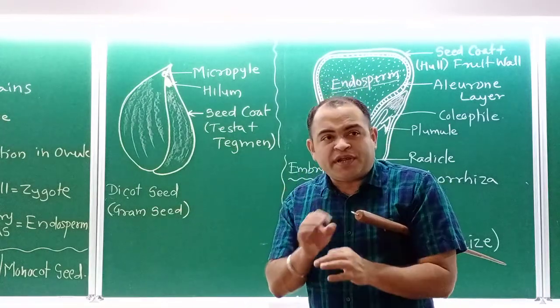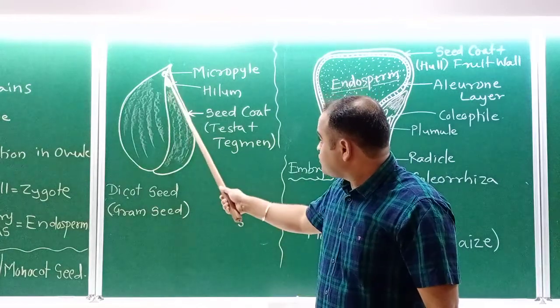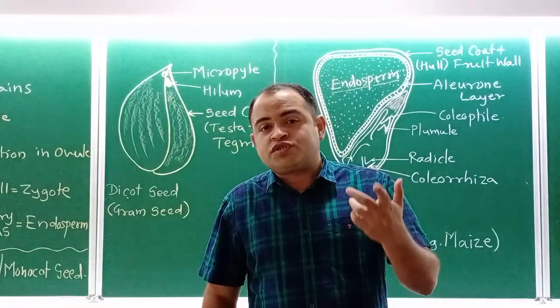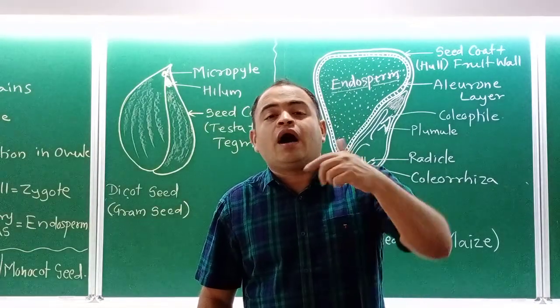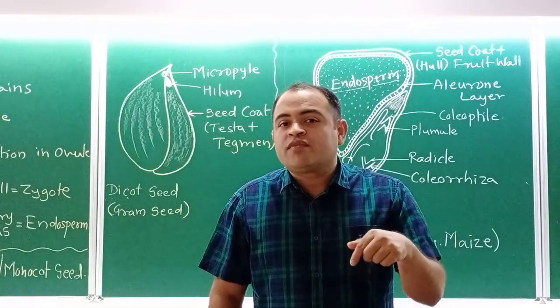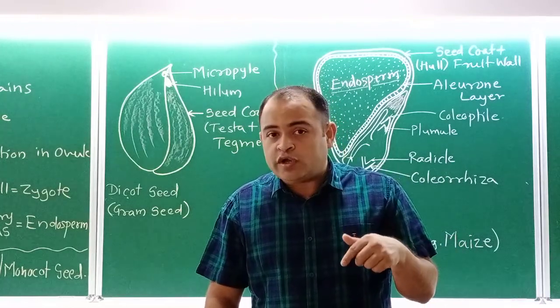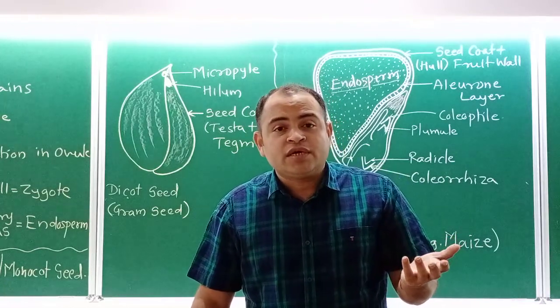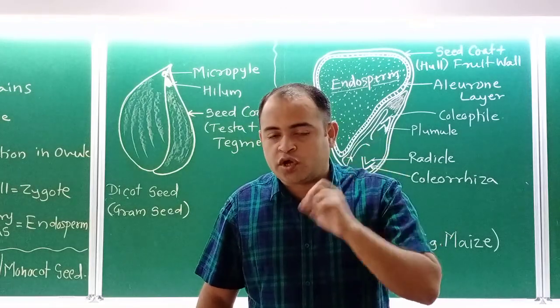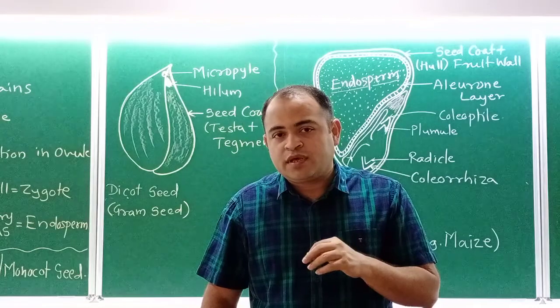But at the appropriate time, the micropyle will produce the radicle. When the radicle moves out, it goes down into the soil because it is positively geotropic. Simply put a wet seed in soil and observe.